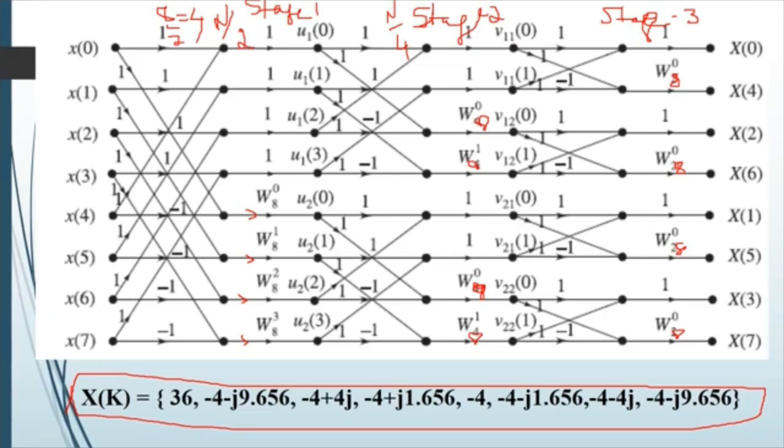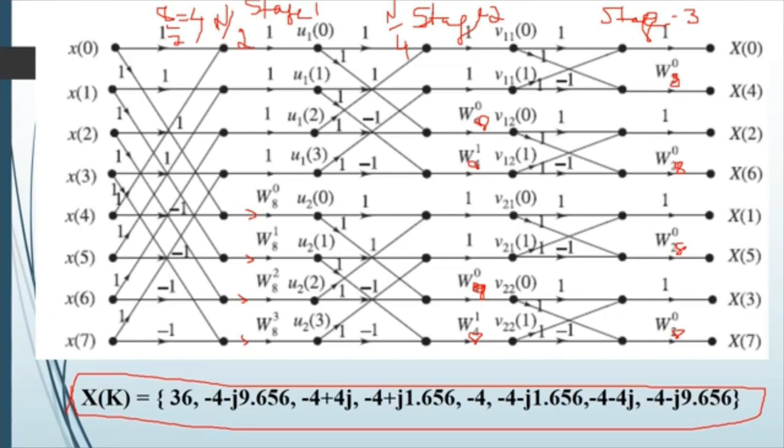In the first stage we'll have n by 2 point DFTs, then n by 4 point, then 2 point DFT. The multiplication by twiddle factors happens after the addition and subtraction operation. At the first stage we'll have n by 2, and with n equal to 8, 8 by 2 is 4 point DFT.